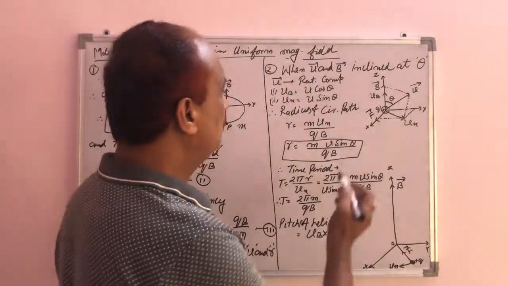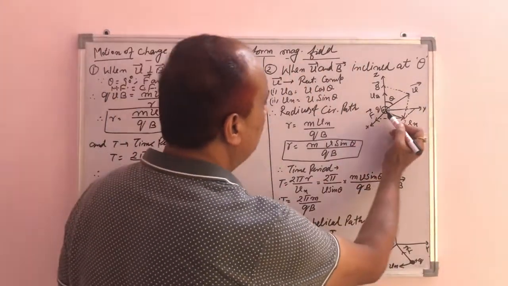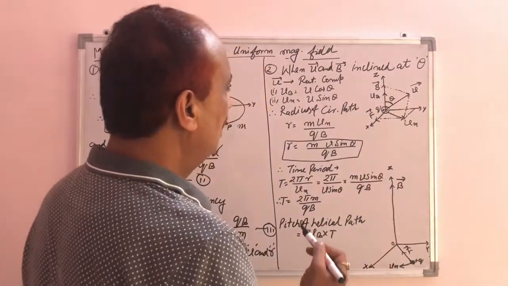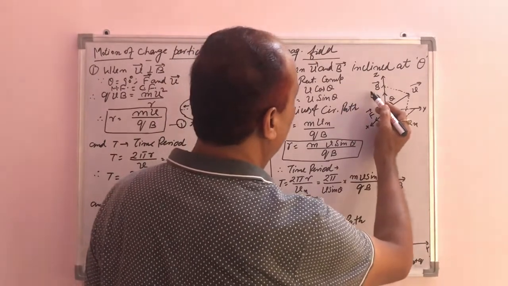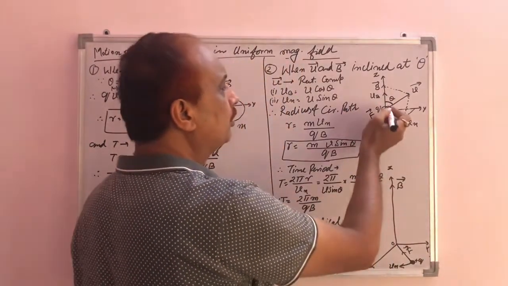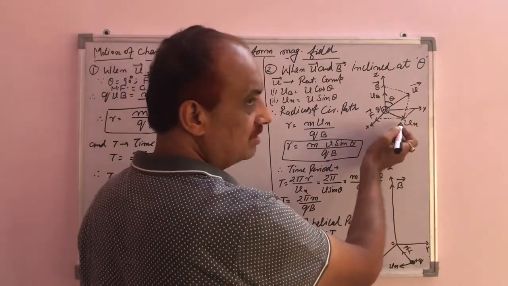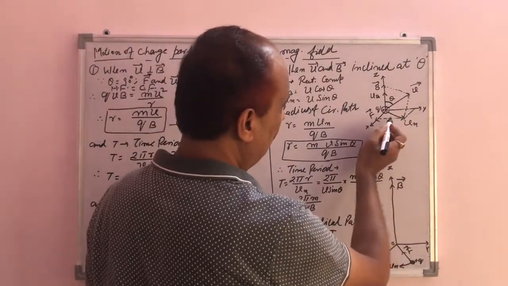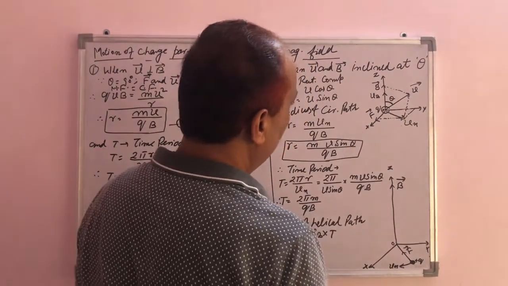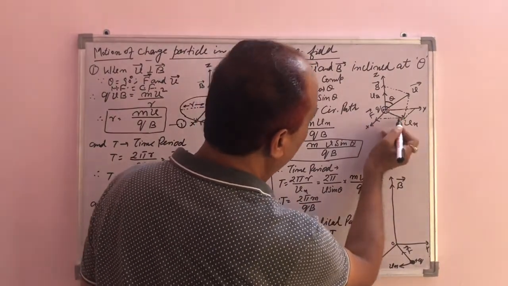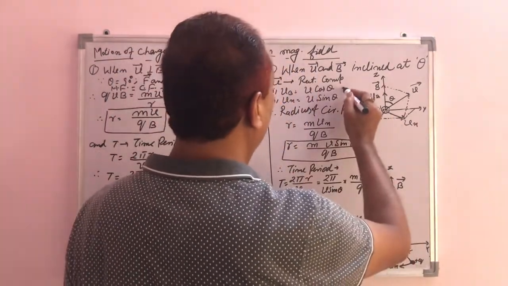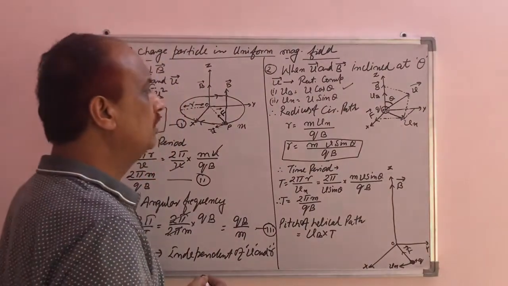The component in the direction of the magnetic field B, which is acting along the z-axis, is represented by VB, and the other component Vn is the normal component, in the XY plane. The angle between VB and Vn is 90 degrees. So these are the rectangular components. Number one, the component VB equals V cos theta.